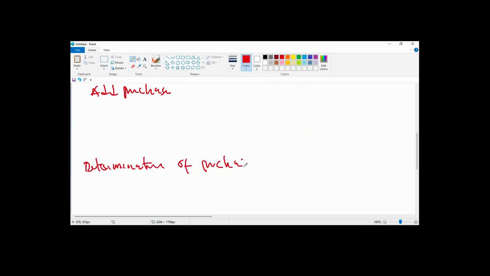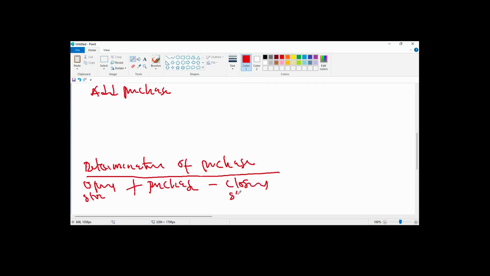Using the formula: opening stock plus purchases minus closing stock equals cost of sales.